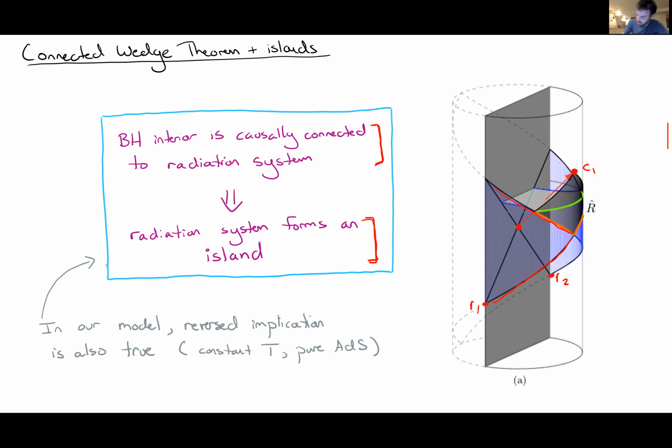I guess maybe more a comment than a question. I'm not sure what this is going to become, but I would somewhat disagree with the statement you just made, that this black diamond you've drawn can or should be thought of as part of the radiation region.